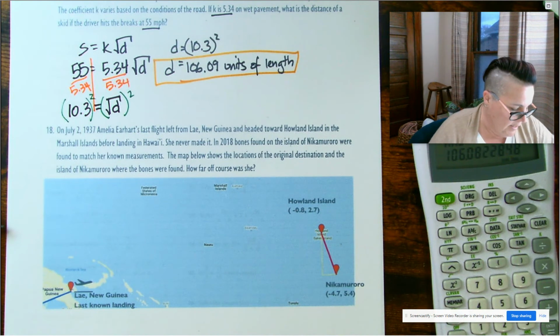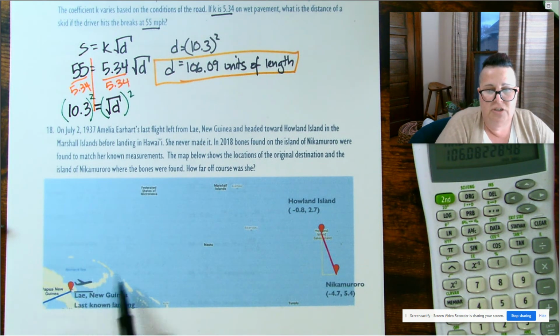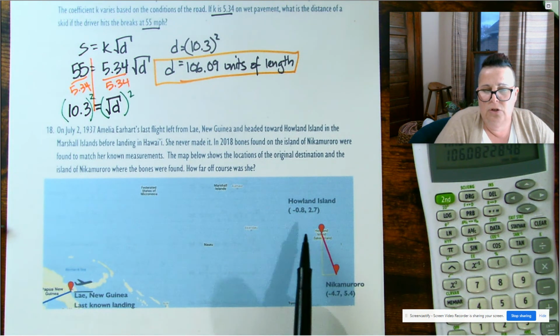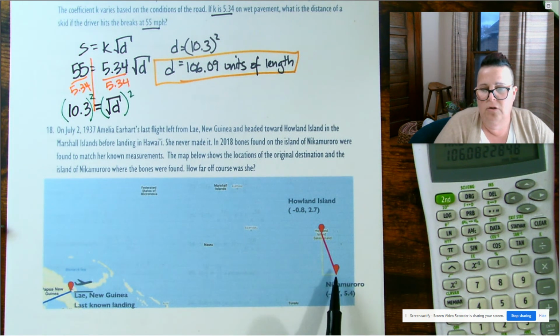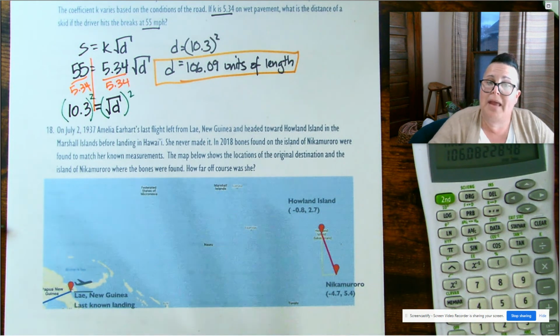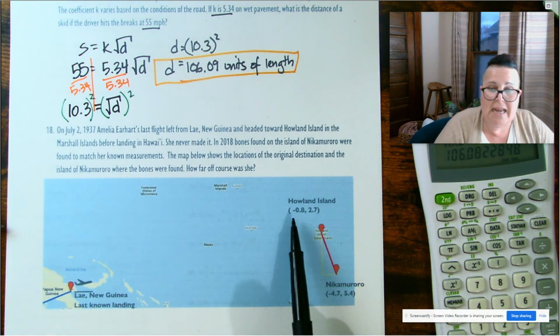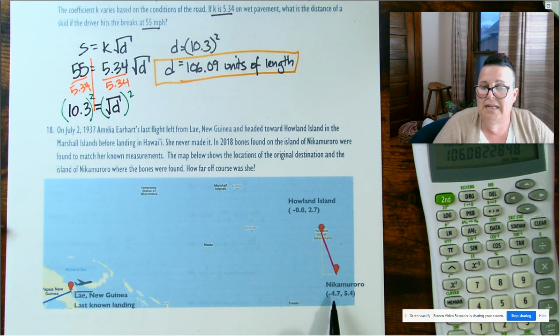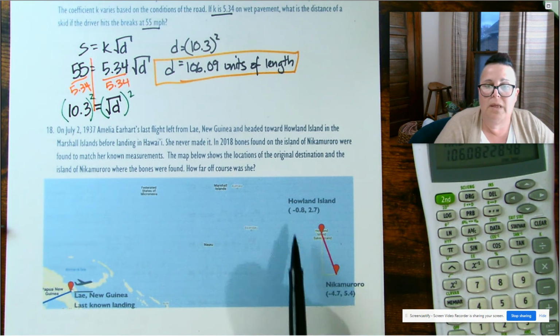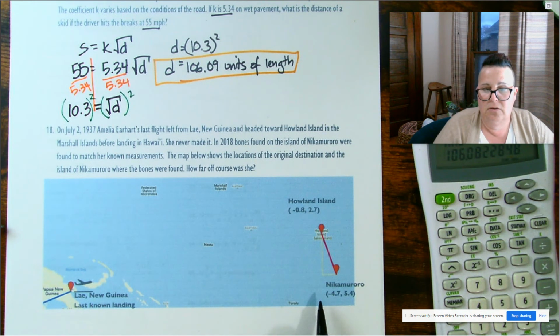Okay. All right. So here's Lae, New Guinea. This is her last known landing. And she was headed toward Howland Island here. Bones were found here. So if on the map, Howland Island is at -0.8, 2.7, and Nikumaroro is at -4.7, 5.4, what we want you to find is the distance.